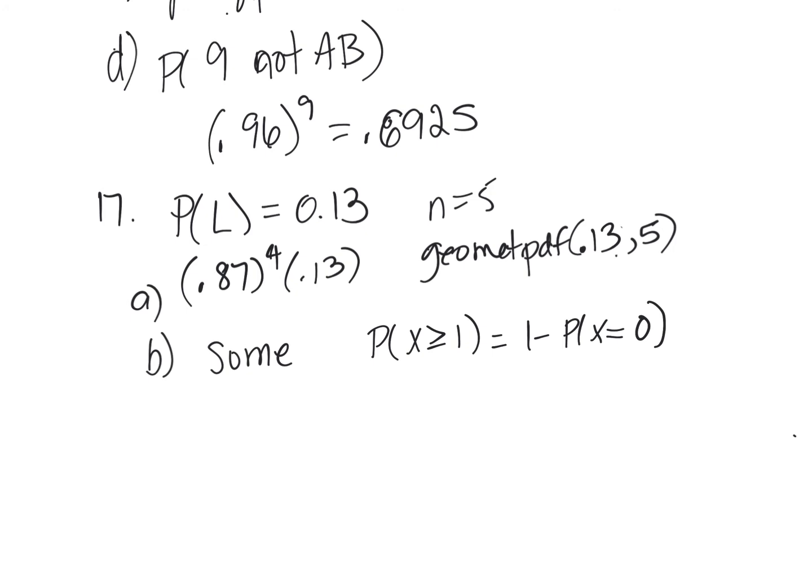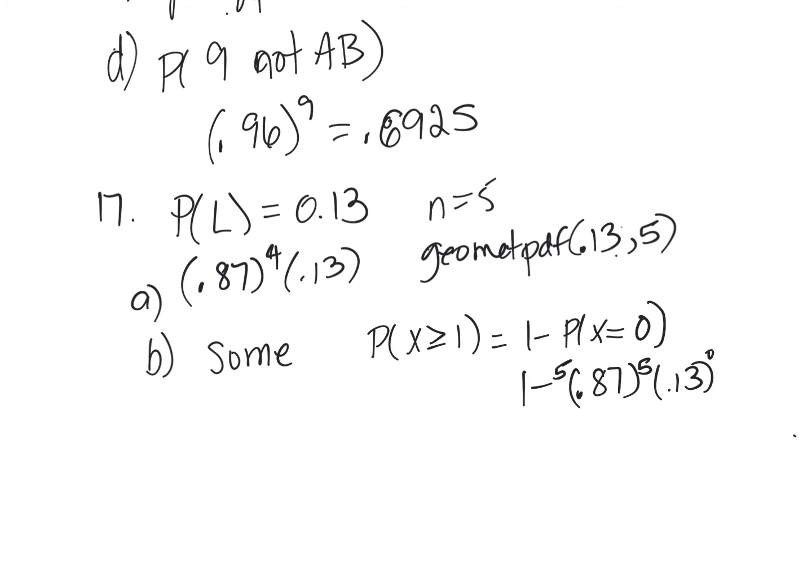So I end up just needing to do 0.87 to what power? 5th, right? Because I have no lefties. None is no lefties. So there's 5. I could do 0.13 also to the 0, but that's just 1, right?